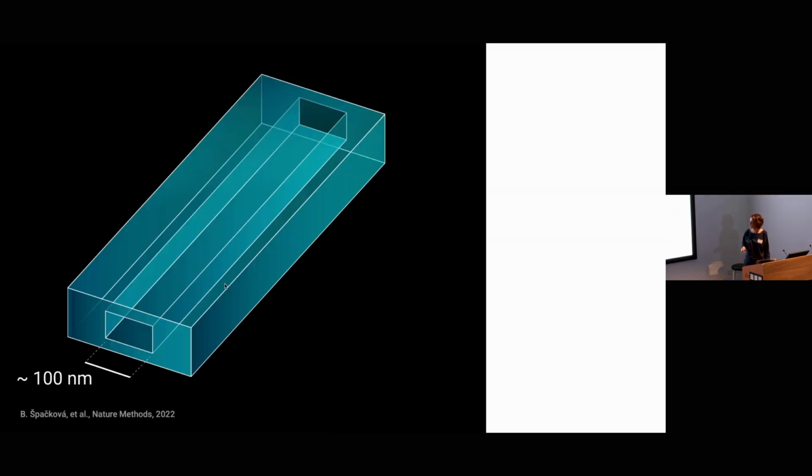So the key component of the method is a nanochannel or a series of nanochannels, very similar to the nanochannels that we saw in the previous talk. But our nanochannels are inscribed in a glass matrix. And the size of these nanochannels can be on the order of tens or hundreds of nanometers.